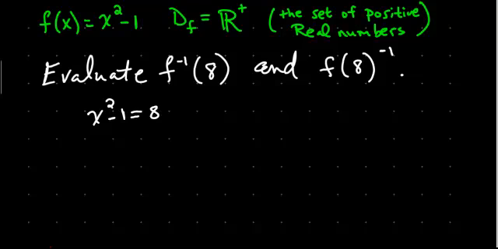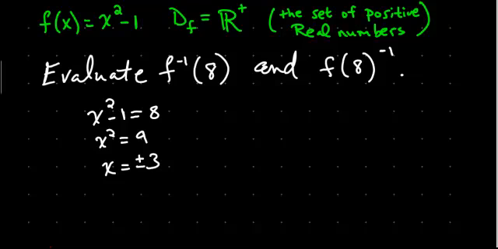Okay, so x squared equals, subtract 1 from both sides, x squared equals 7, and so x is going to equal, you might want to say plus or minus here, but I know that this has to be the positive one. And why do I know that?